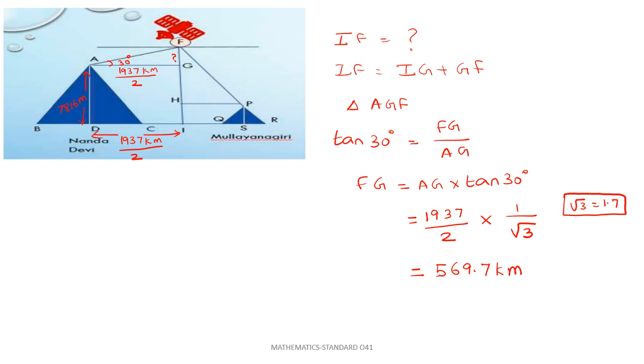Now we need the total distance IF. IF is what? IG plus GF. IG is given as 7816 meter. So we will change to kilometer. Let me do that last part with other color.